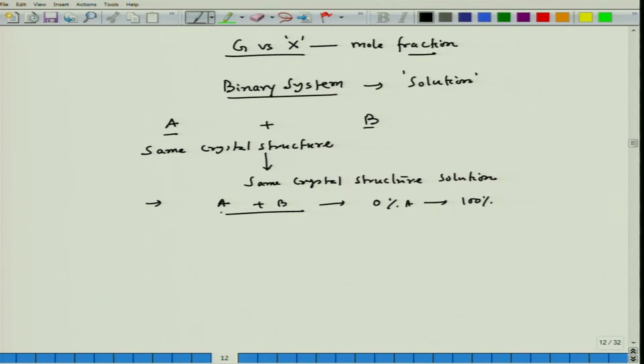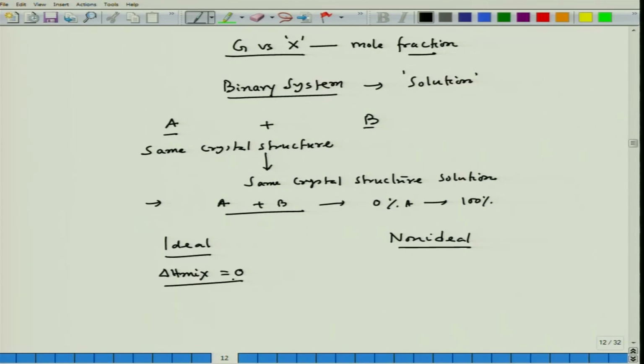Now, when we treat this solution, again there could be two types of solution. One could be ideal, another could be non-ideal. Generally, in case of ideal system, if we put it in terms of thermodynamic variables, we say that del H mix equal to 0.